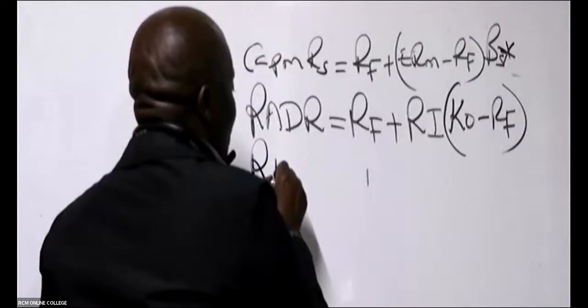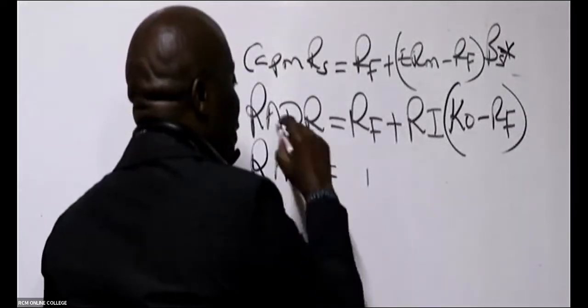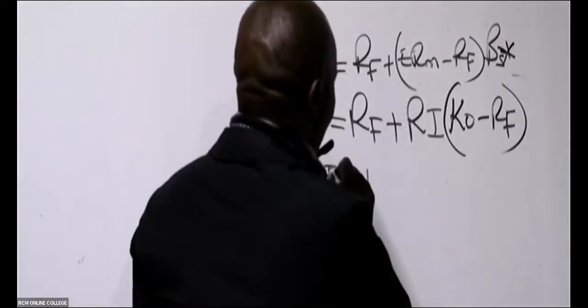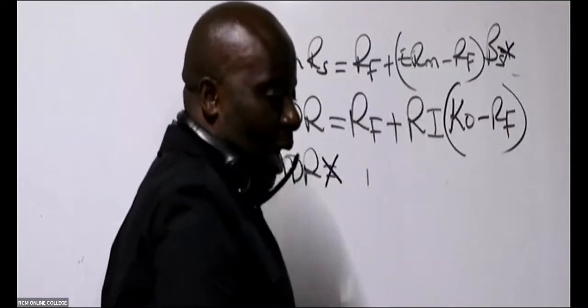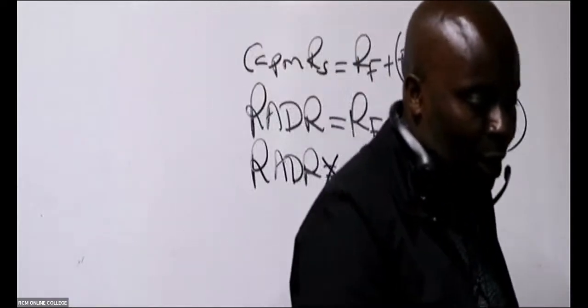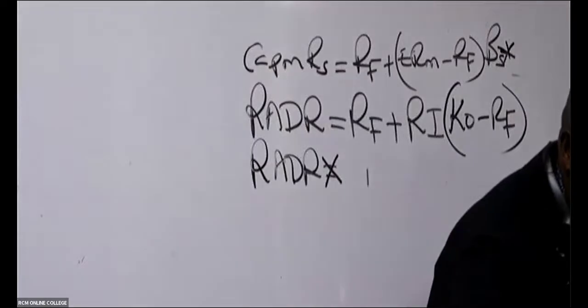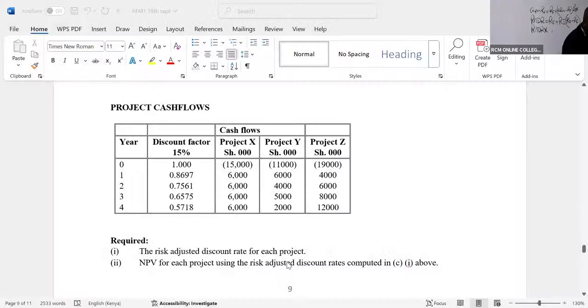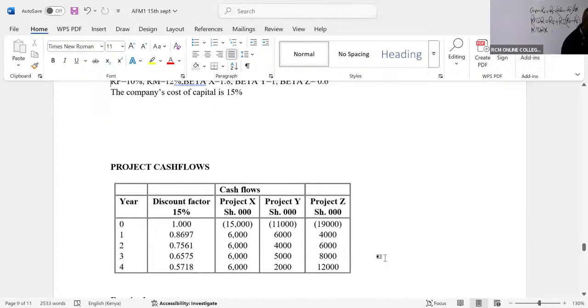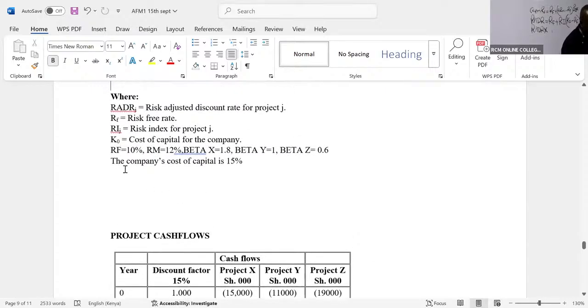So in this question, have you been able to see the risk-free rate? So this project X, remember. Have we been able to see the risk-free rate, ladies and gentlemen? In this question, do we have the risk-free rate? Oh, yes. The risk-free rate in this very question, which I'll be able to share with you as we continue with the class, they have told us the risk-free is 10%.